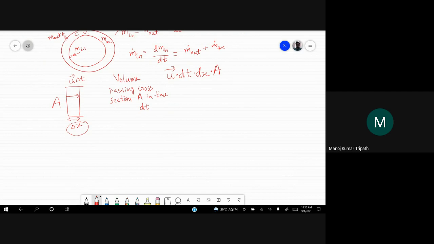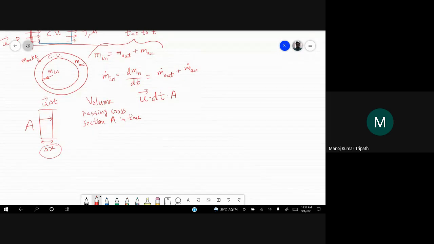Sorry, there is some problem here. So I have written dx here. u dt was equal to dx or delta x, and then times A gives us the total volume that passes through this area of cross section A in time dt.